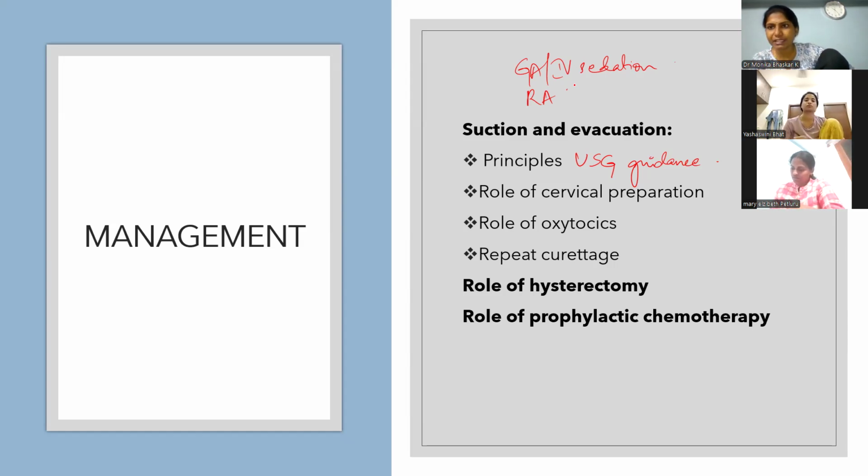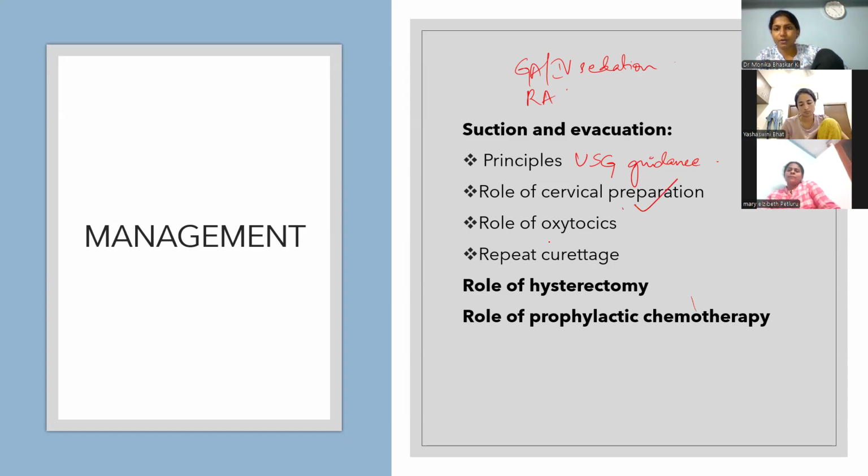If you're planning an evacuation, at least 1 to 2 hours before, you can use misoprostol or any other agents. Before, they used to say this would increase the risk of embolization and invasive disease, but the present consensus is you can use it. So cervical preparation can be safely used before evacuation.